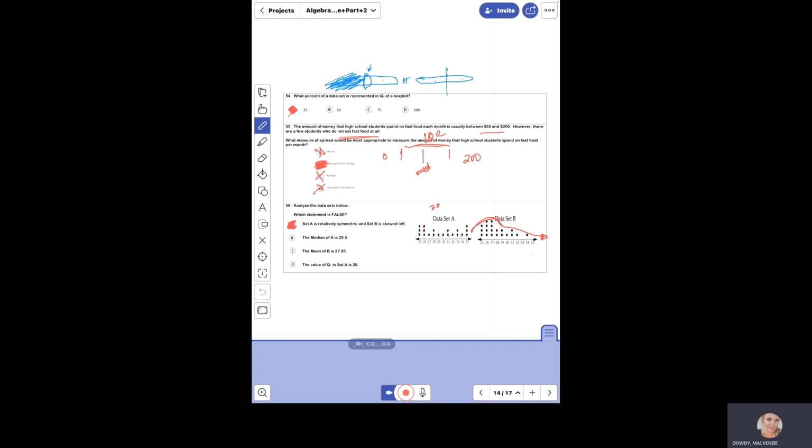It's an even number, so it's the 10th and 11th: 29 and 30. 29 and 30 is 59, so it's going to be 29.5. So that is correct. The median of A is 29.5.